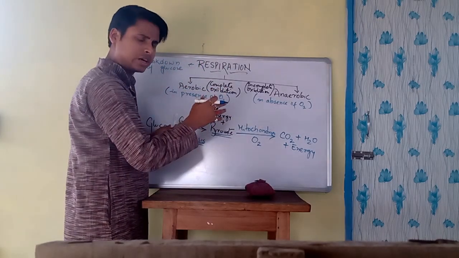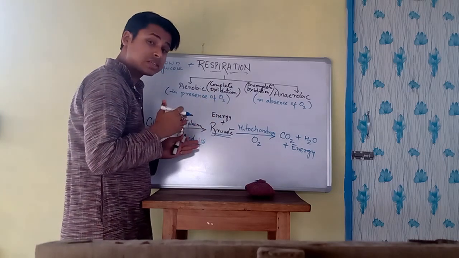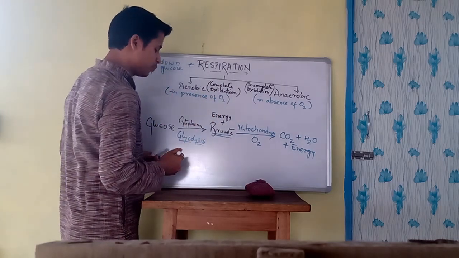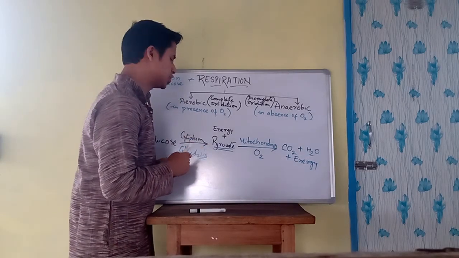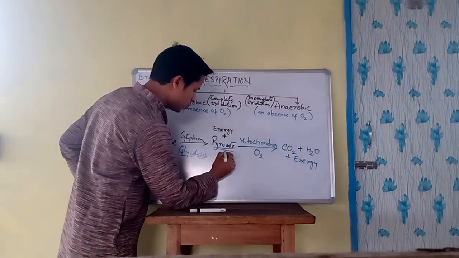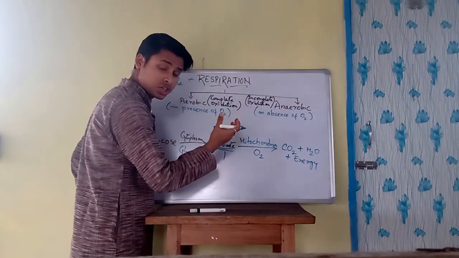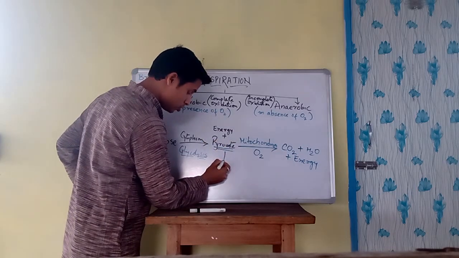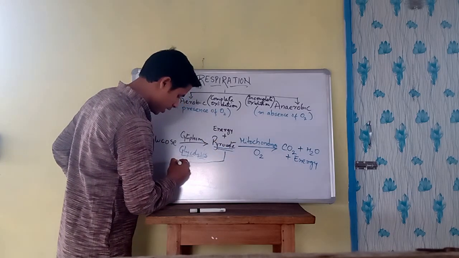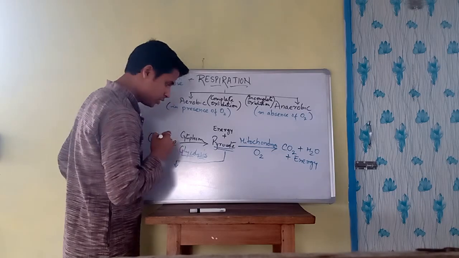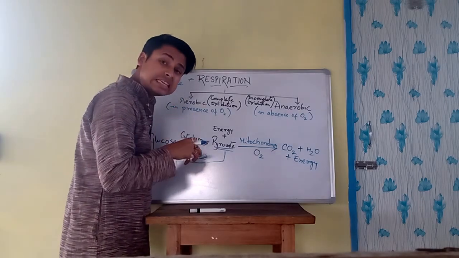What about the anaerobic condition? Let's see two examples of anaerobic condition. In the anaerobic condition, oxygen is not there, so it's not happening everywhere. First we will take the case of yeast.